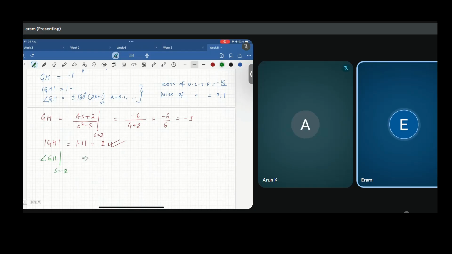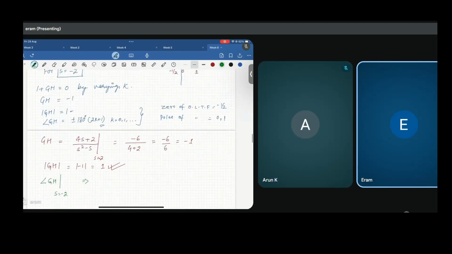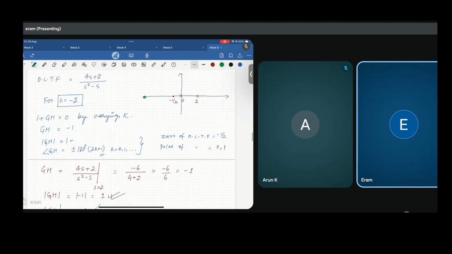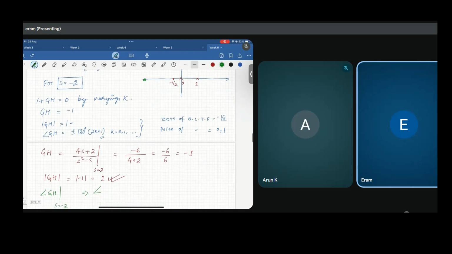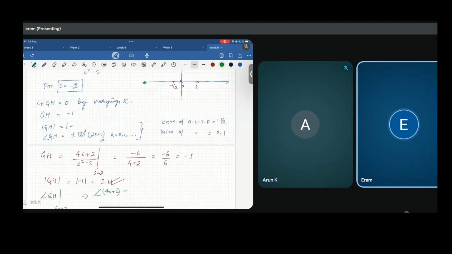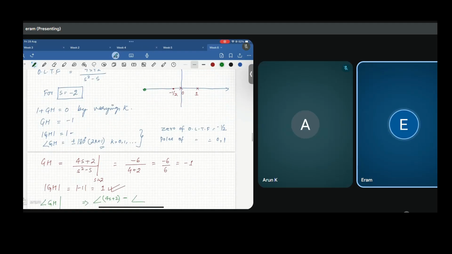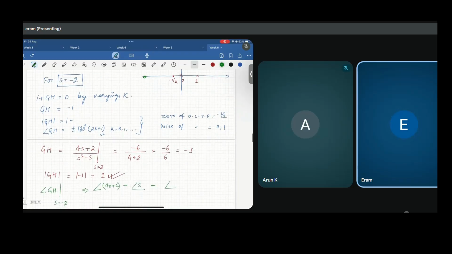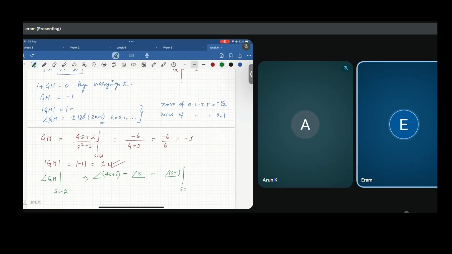It will be nothing but the angle of the zero, minus, since it is in the denominator, the angle of the poles s and s minus 1, at S equals to -2.